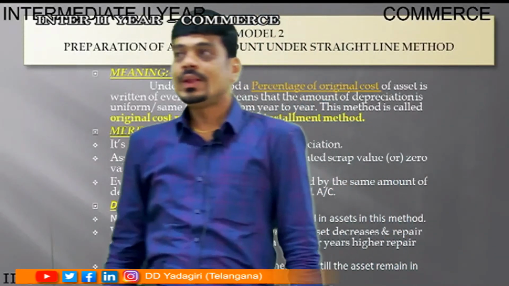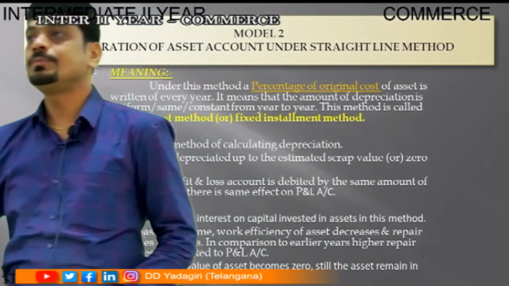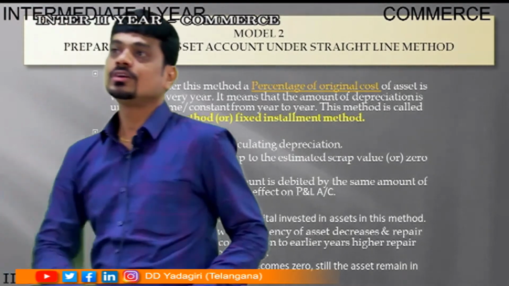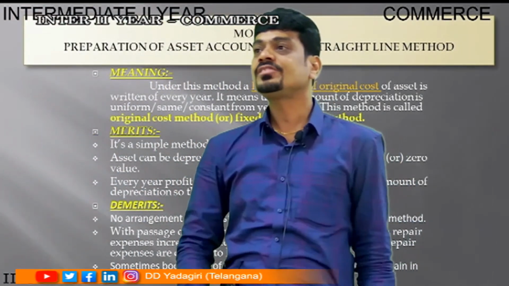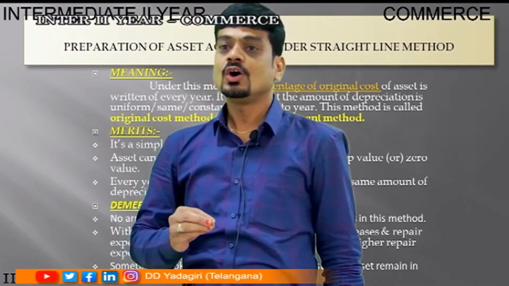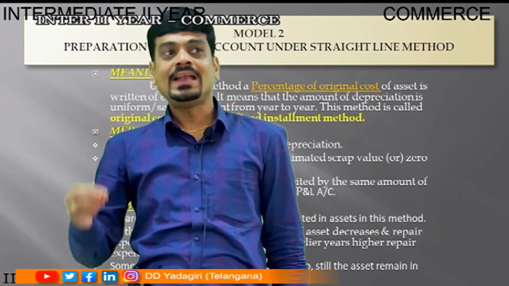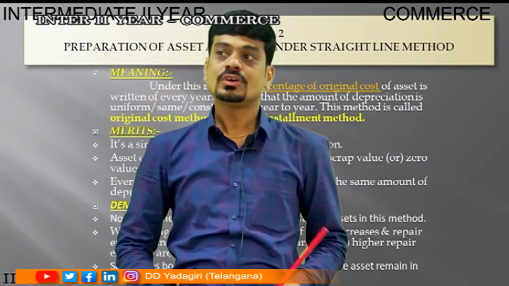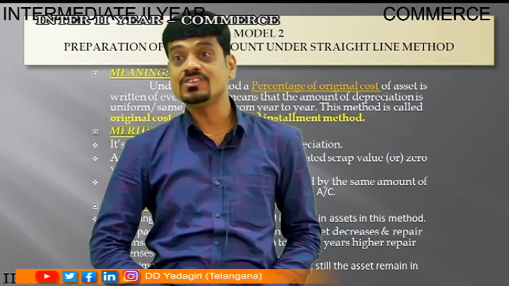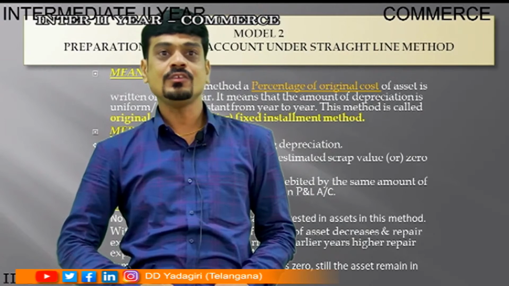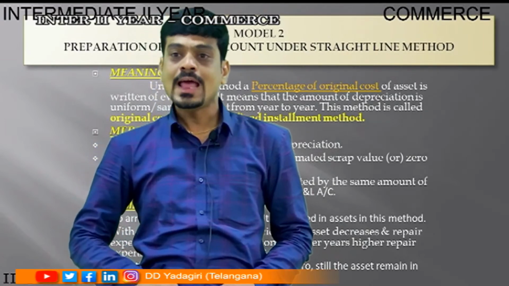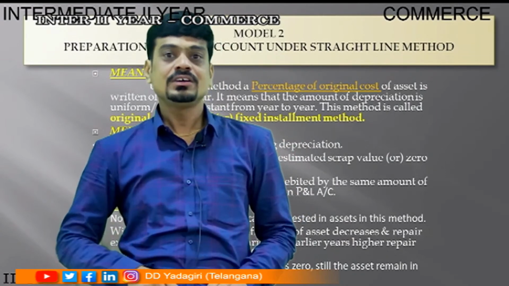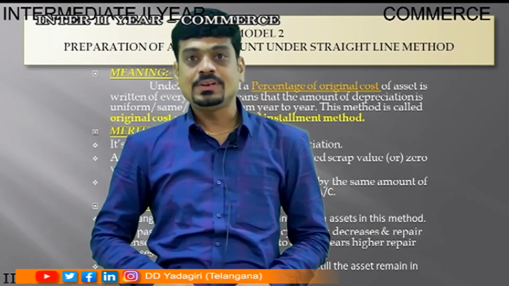So, welcome back to the third session of depreciation, dear students. In the last two sessions, we have seen the meaning of depreciation and its related terms, like amortization, dilapidation, obsolescence and all, and why we need to provide depreciation.